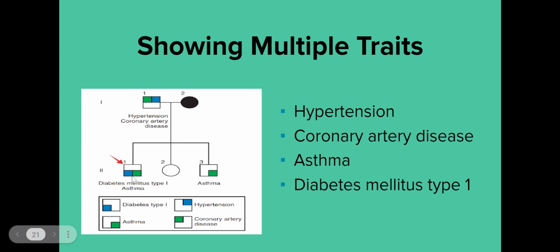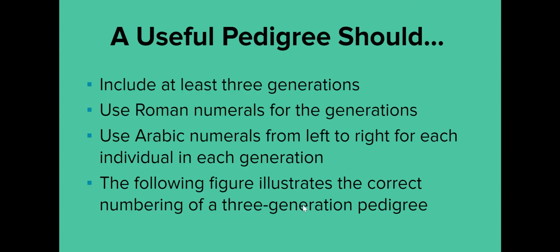They had three children: one son who had diabetes type 1 and asthma, a daughter who had no known disorder, and a son who had asthma. And that could be a way that you represent it. But these can get really complicated, and it's probably better to make sure that you have a clear key, and I would not do more than four traits in any one pedigree.